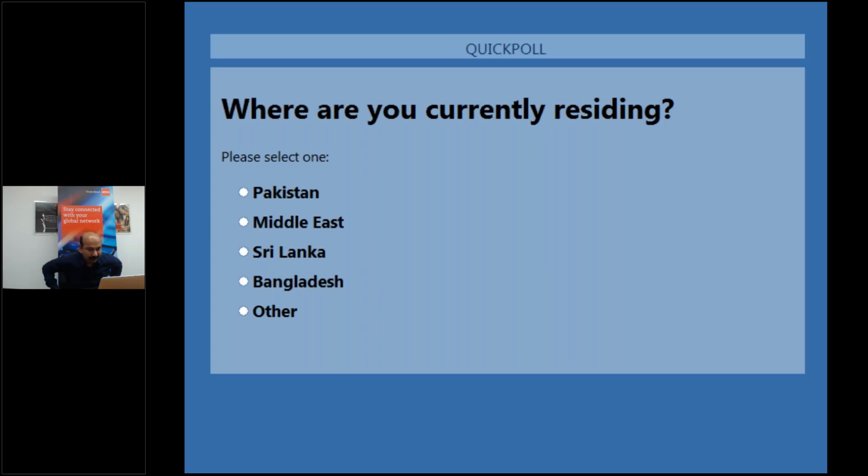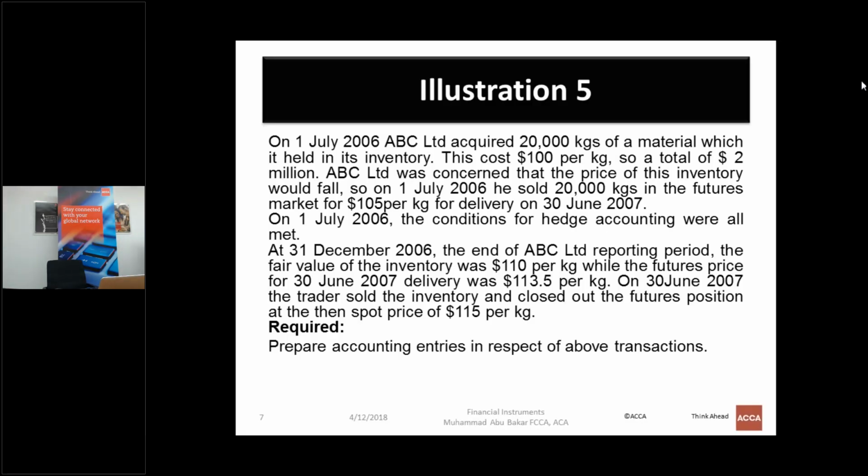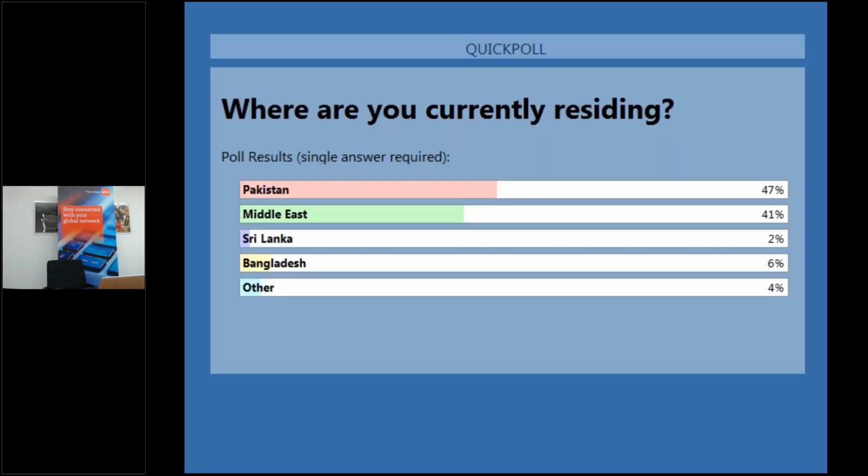Anyway, thank you. I'm going to close this poll as well, and the statistics will be on your screen now. We have more participants from Pakistan this time, about 47%, and from the Middle East we have 41%. Sri Lanka 2% and Bangladesh 6%, while others are from, I think, Oman, Qatar, and such other countries.